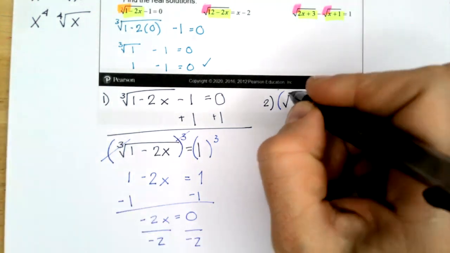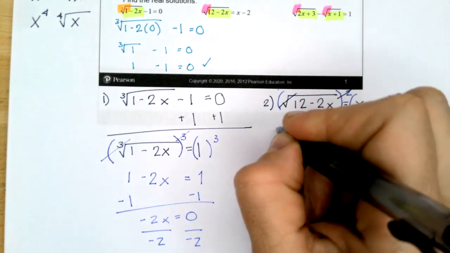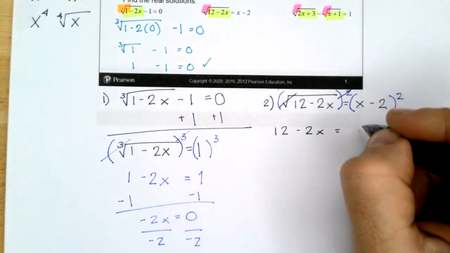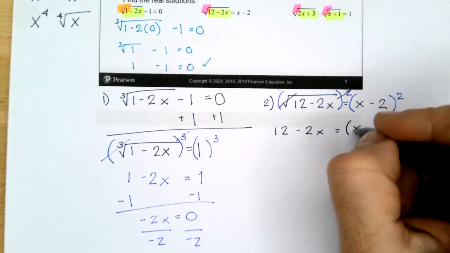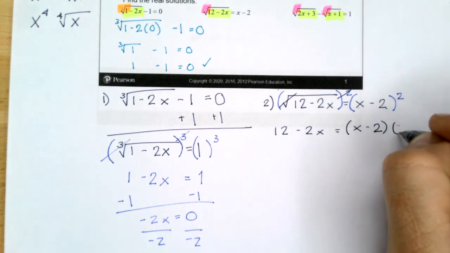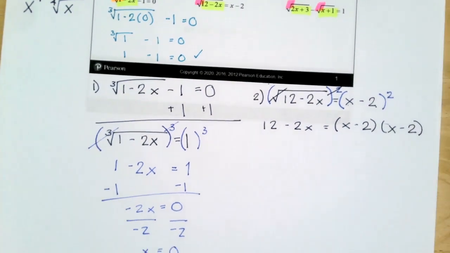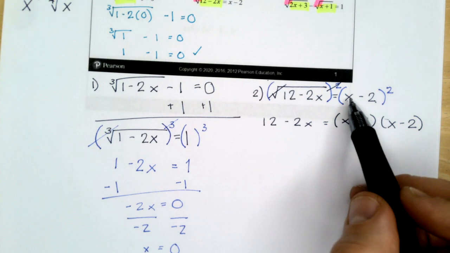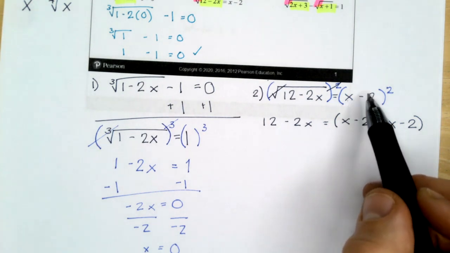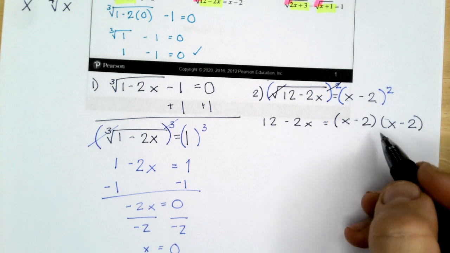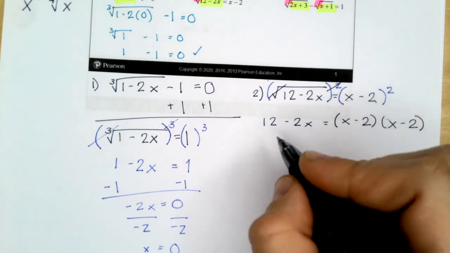Those just cancel. That cancels that, and you have 12 minus 2x. Here you have x minus 2 squared, or x minus 2 times x minus 2, right? You're welcome to use the equation a squared minus 2ab plus b squared at the end, or you can just use the FOIL method.